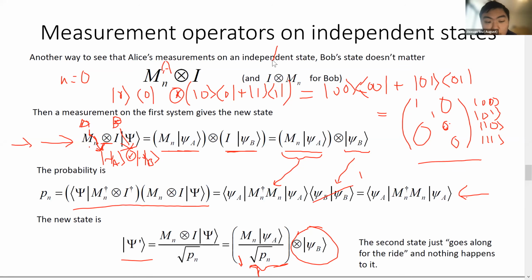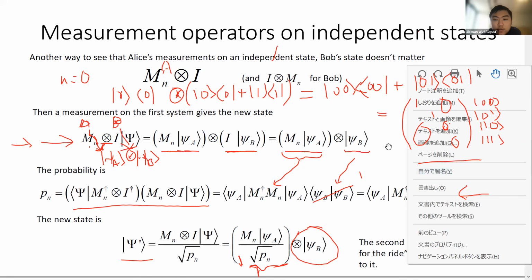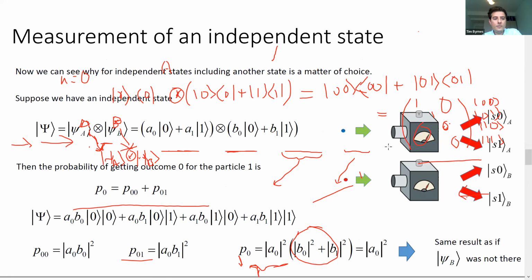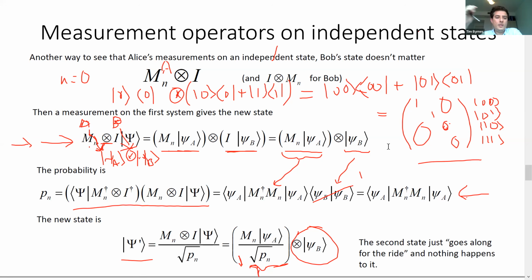Hello. Yeah, why do we have this tensor product with the identity matrix? Right. So what I'm trying to tell you in this slide is how you construct the measurement operator for the composite system, right?